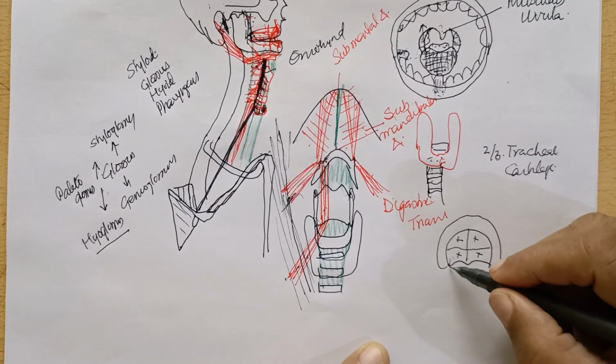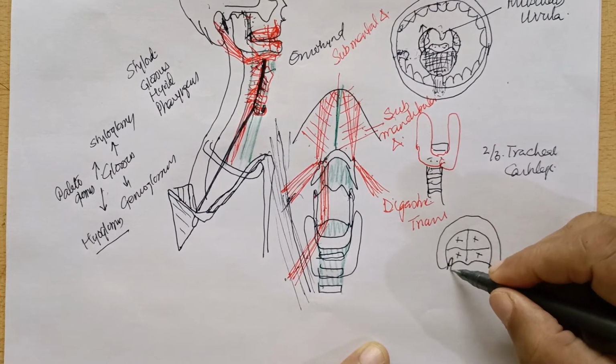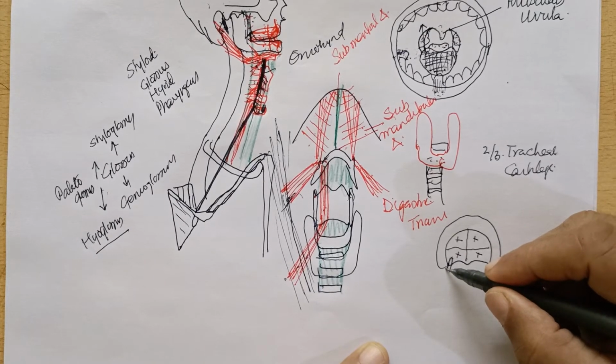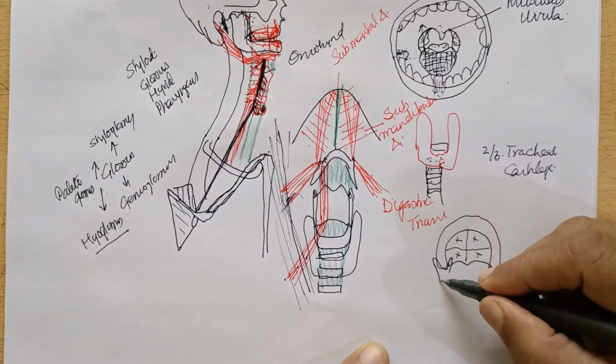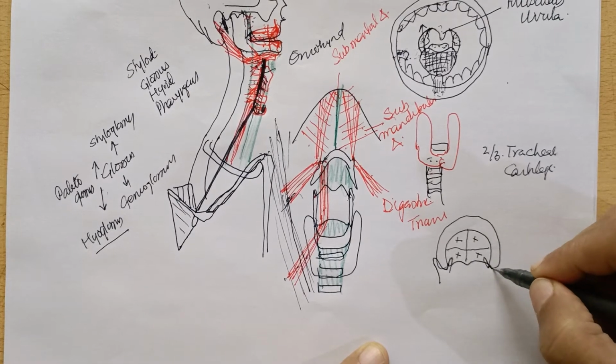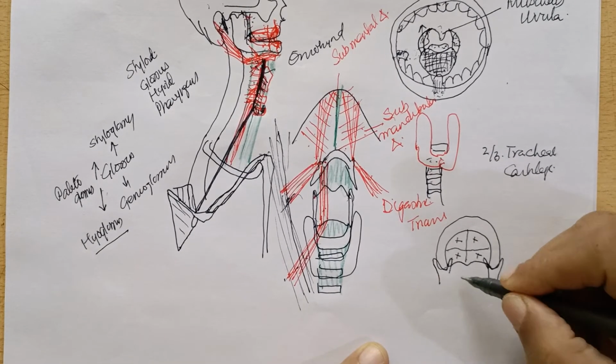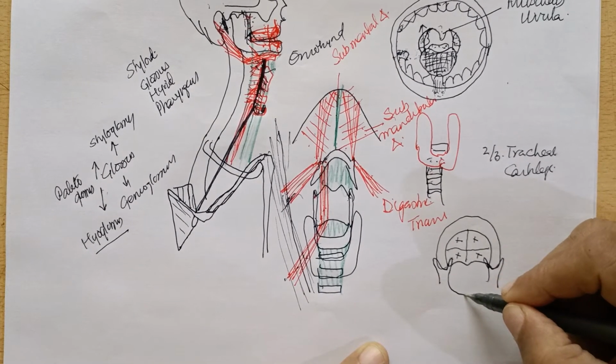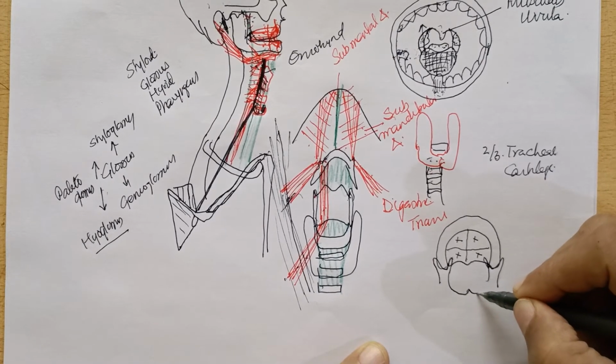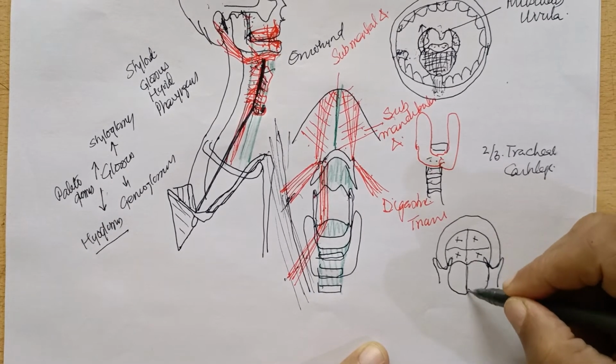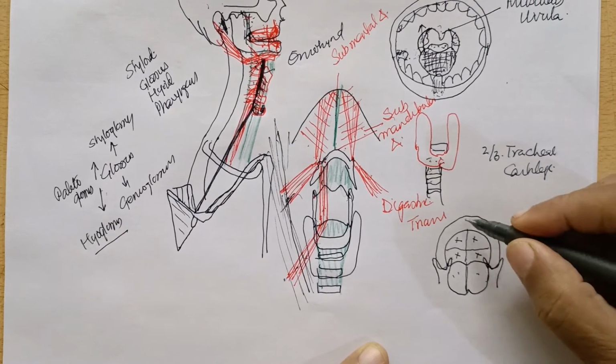Now, here you had the medial pterygoid plate, and here you had the lateral pterygoid plate, like this. And here you had the cavity of the nose, posterior nasal sinuses.